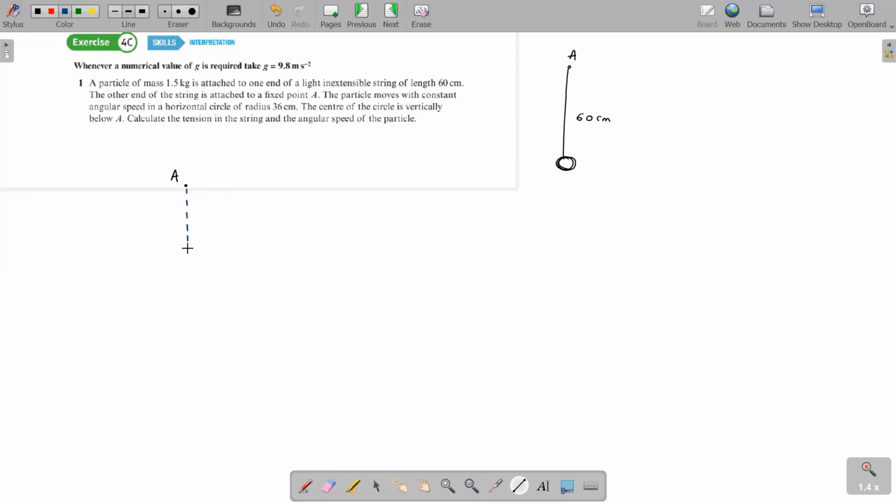Let me draw the center of the circle. The center of the circle is vertically below A. Let's say this is the center. And so where's your particle then? Your particle is performing a horizontal circular motion. Can you see what's going on here?